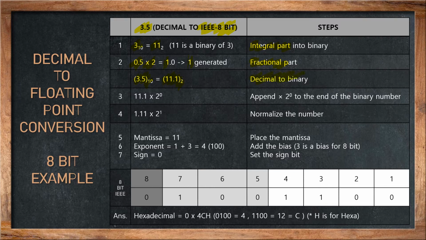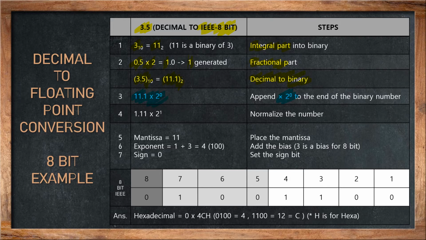This is simple, but what is asked is to convert this number into the IEEE 8-bit format, so we need to do some more processing. Let's follow the steps. After getting this binary, now append 2 raised to 0.